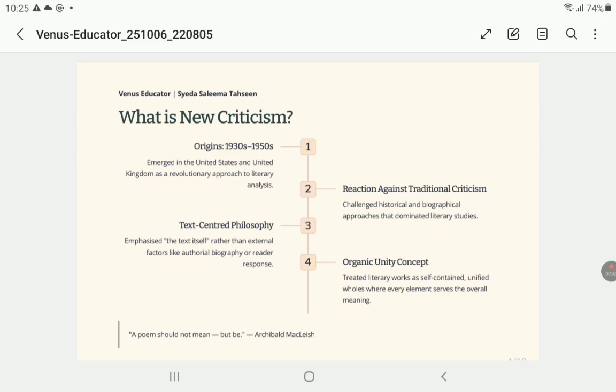This is how criticism was previously given, but after new criticism came onto the scene, that concept has faded away. The old technique of criticism was to go back to the condition and style of writing at the time of writing, in simple words, the historical background of the work and the writer.